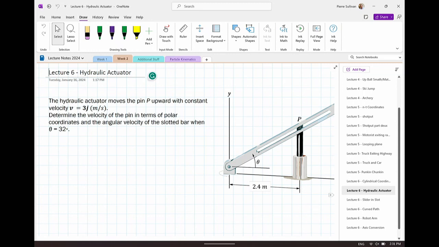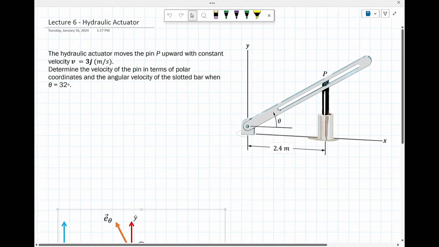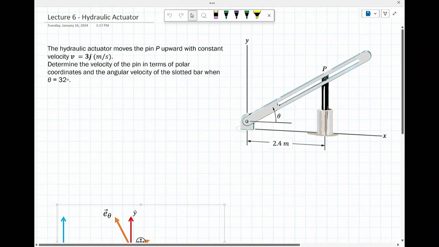So one of the things that often comes up is looking at motion that combines some of these features. Here I have a hydraulic actuator, and the black portion is going to move vertically upwards. It's a distance of 2.4 meters away from the origin, and I have an xy coordinate. And coincidentally, I also have an r theta. The r is the silver slotted bar that's shown there.